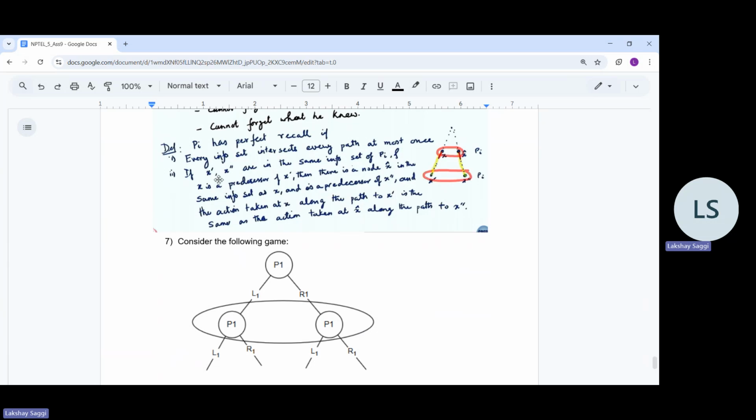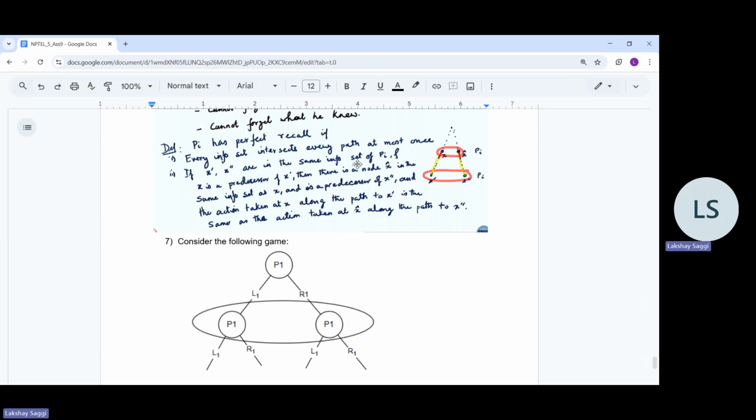But let's look at the second condition. Second condition says that if x prime and x double prime are in the same information set of pi, and it can be seen that here these two nodes are actually in the same information set for player one, and x is a predecessor of x prime. So this node is the predecessor of the first node, and this is also the node which is the predecessor of R1 also, right?